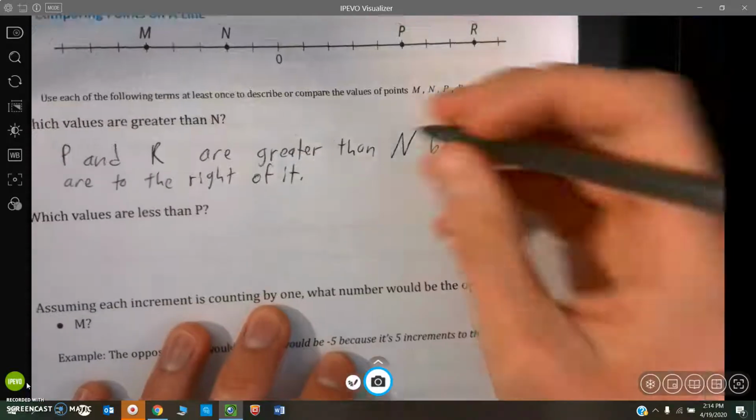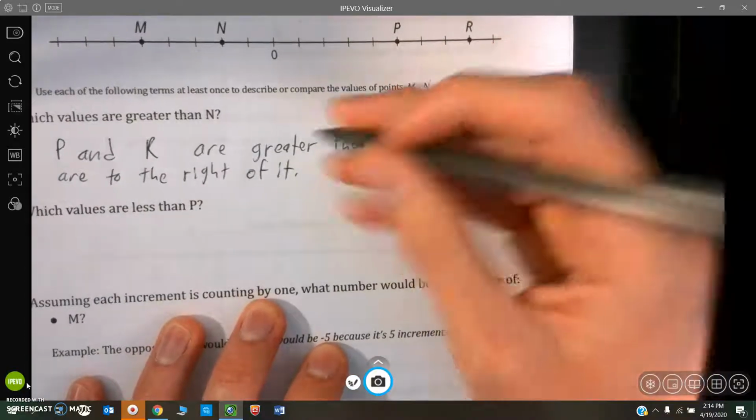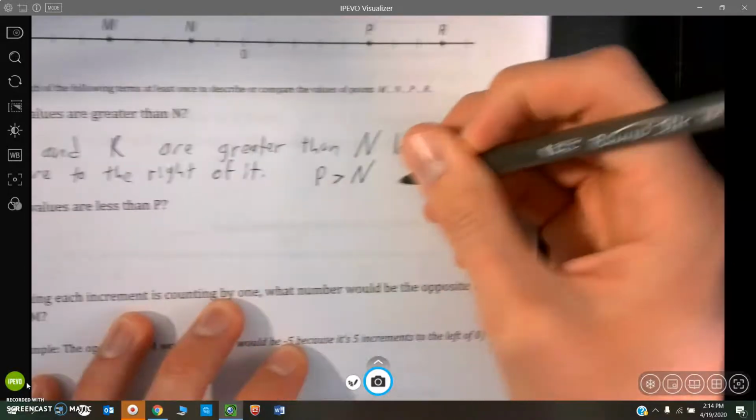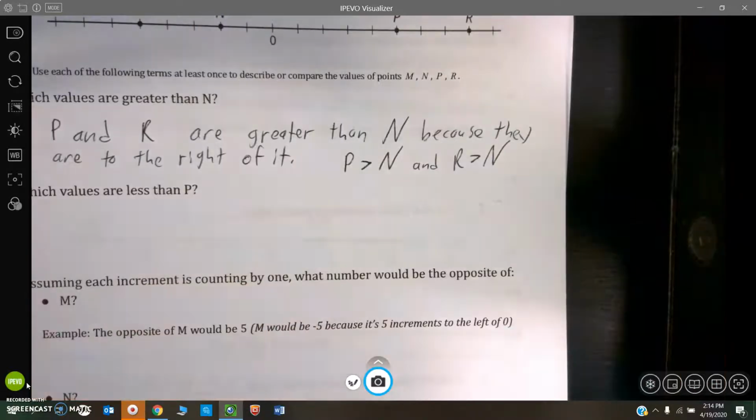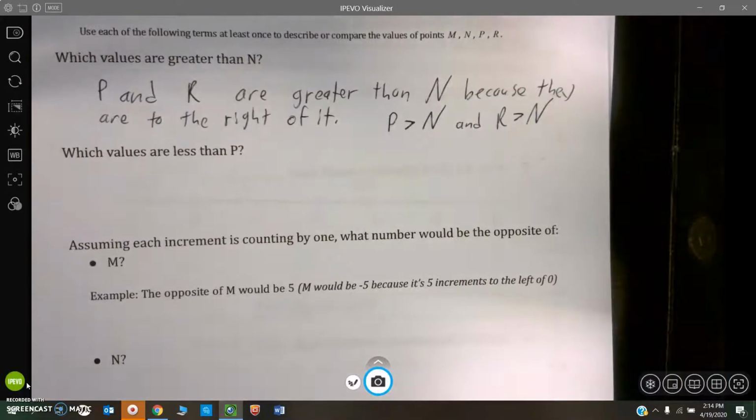And if we wanted to write those as inequalities, P is greater than N and R is greater than N. Good to just get the practice in of writing inequalities.